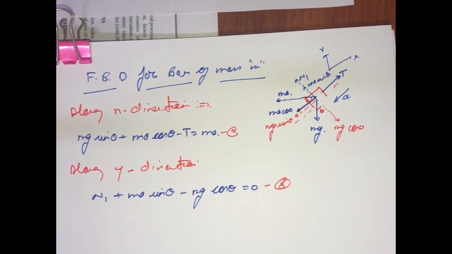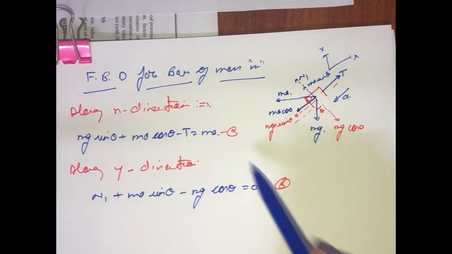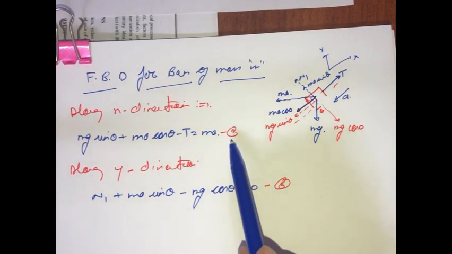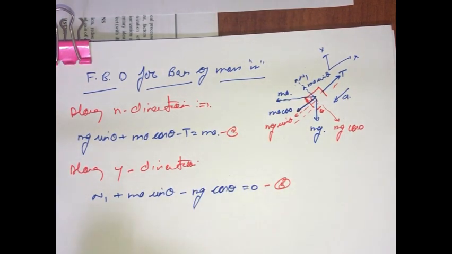Now we are going to use equation number 2 and 3. From equation 2 we are going to find out the value of tension, so let us write it here.